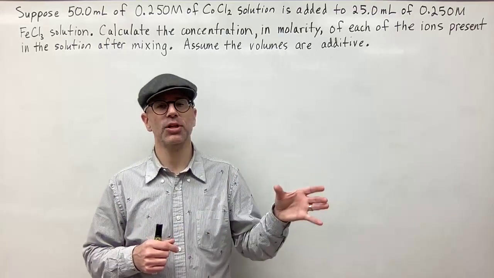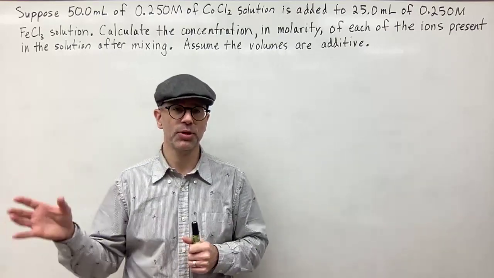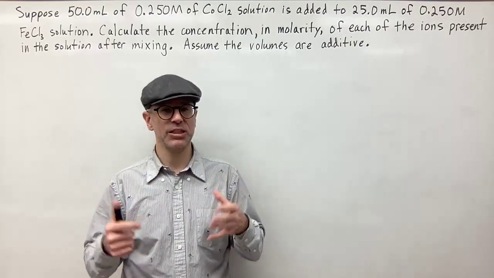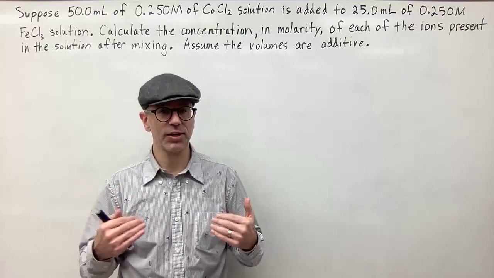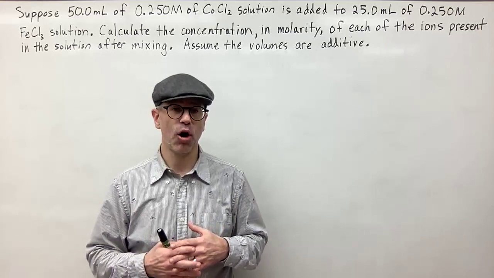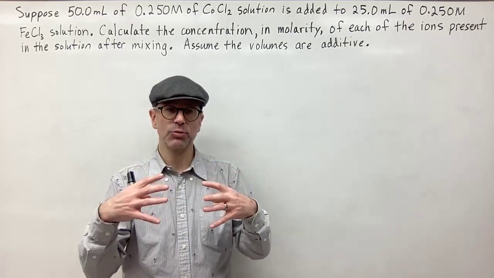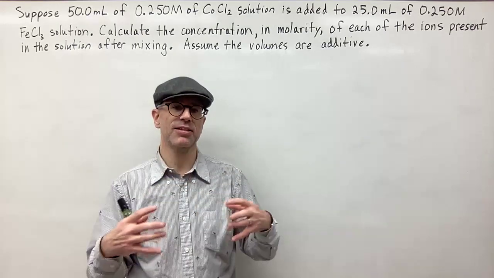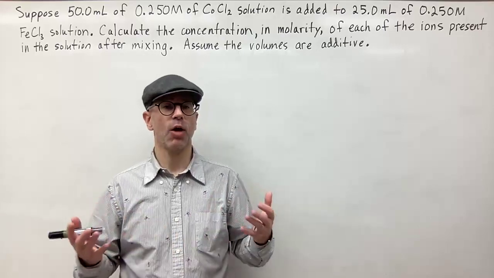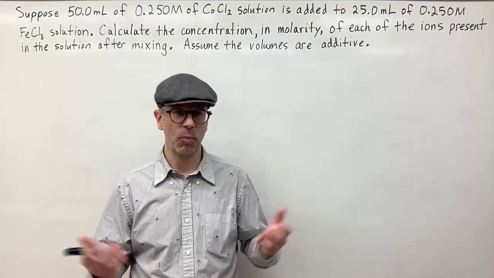If I add 100 milliliters of the alcohol to 100 milliliters of the water, I would expect it to be 200 milliliters, but in reality, it'll probably be a little bit less than 200 milliliters because the volumes aren't additive, meaning that the molecules can interact with each other or fill in spaces such that the volume ends up being less than what you would expect. When you add 100 to 100, you expect 200, but it won't be.